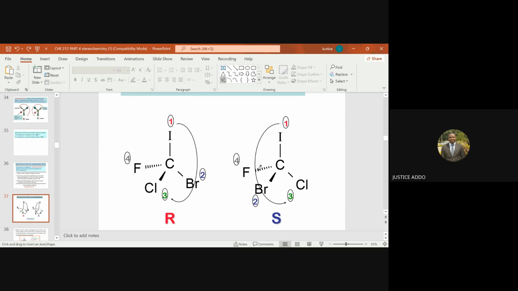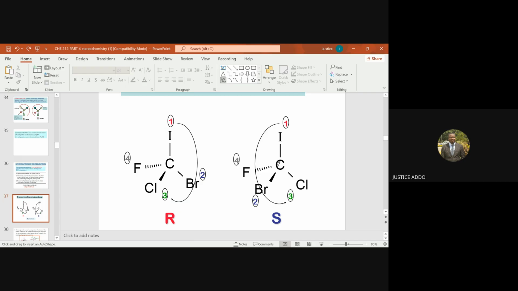It's not something that is real. You cannot see it. Even though on the screen you can see the broken line and you can see the fluorine, in reality, the broken line means that this fluorine, this particular group, is hidden behind this carbon and that you cannot see it. That is what it means.